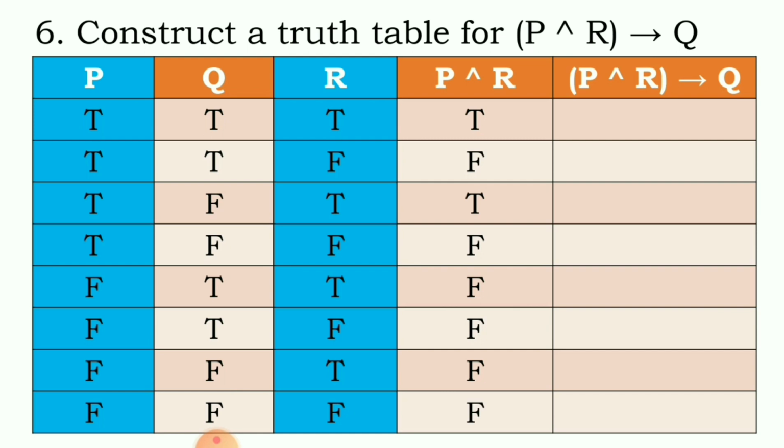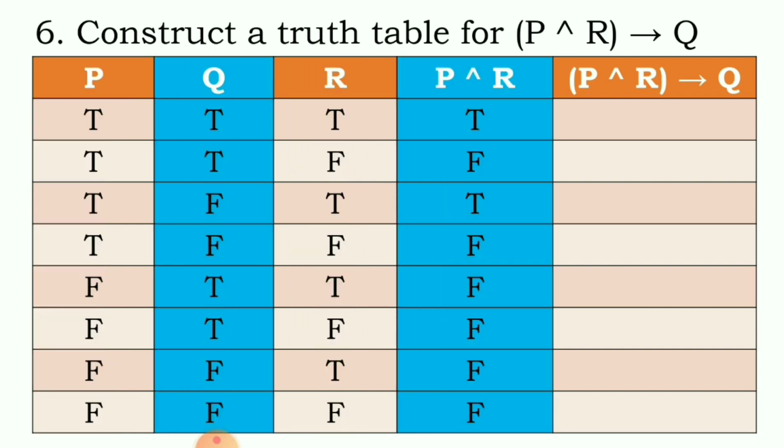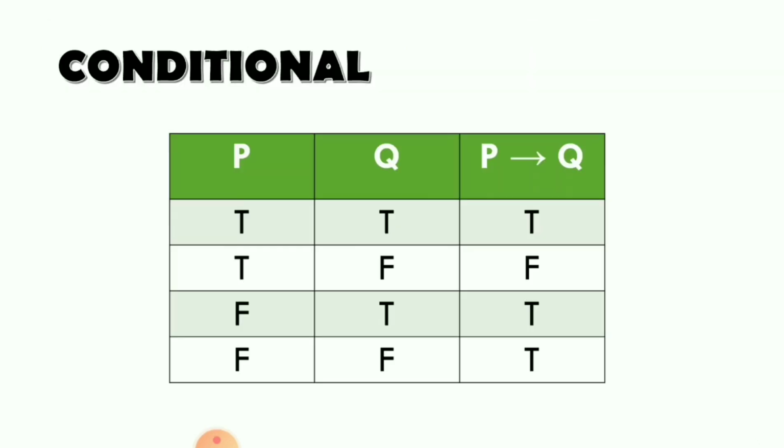Now, it's time for us to get if the quantity P and R, then Q. In this case, the quantity P and R will be your hypothesis, and Q will be the conclusion.